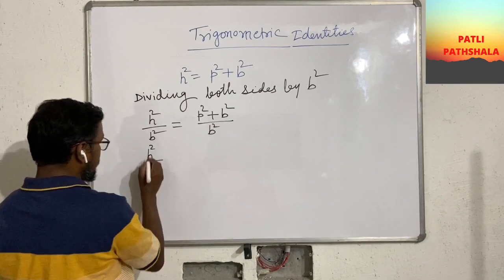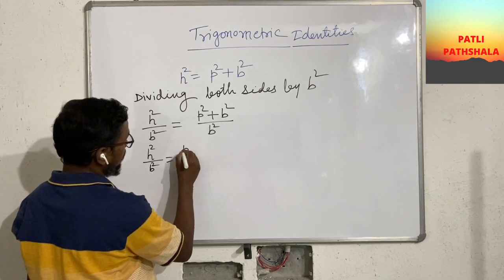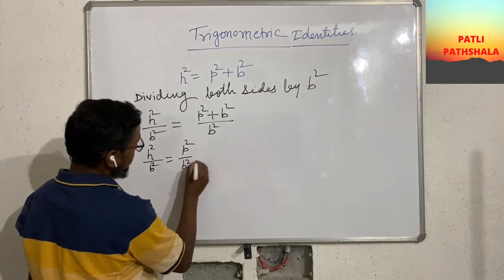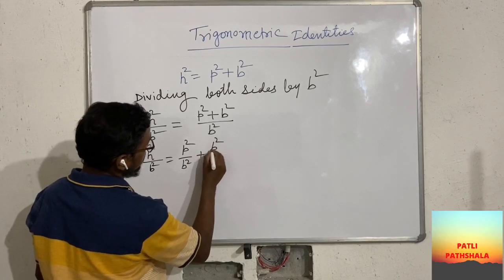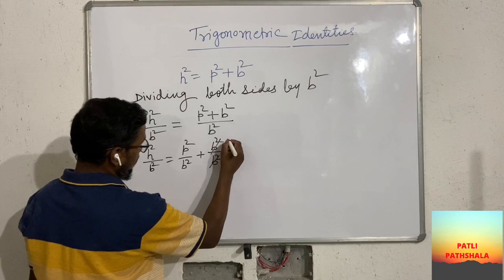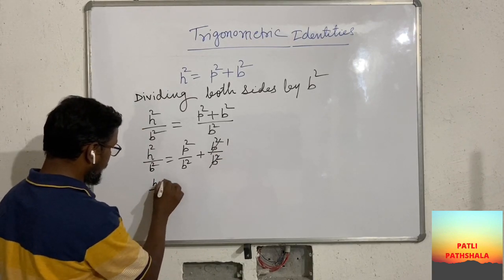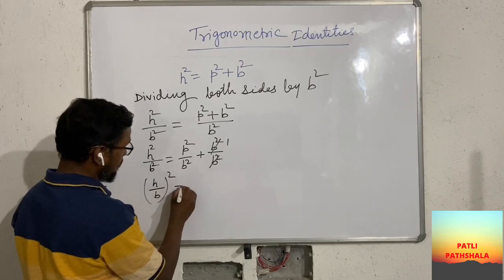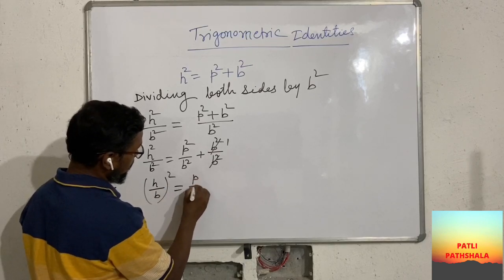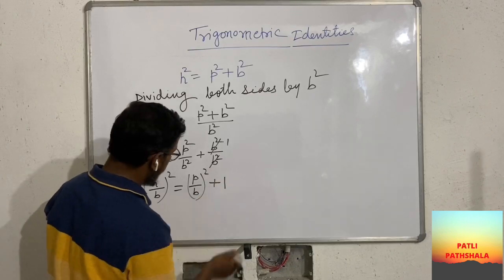So h square by b square is equal to p square by b square plus b square by b square. So b square gone, its value will be 1. So here h by b whole square is equal to p by b whole square plus 1.